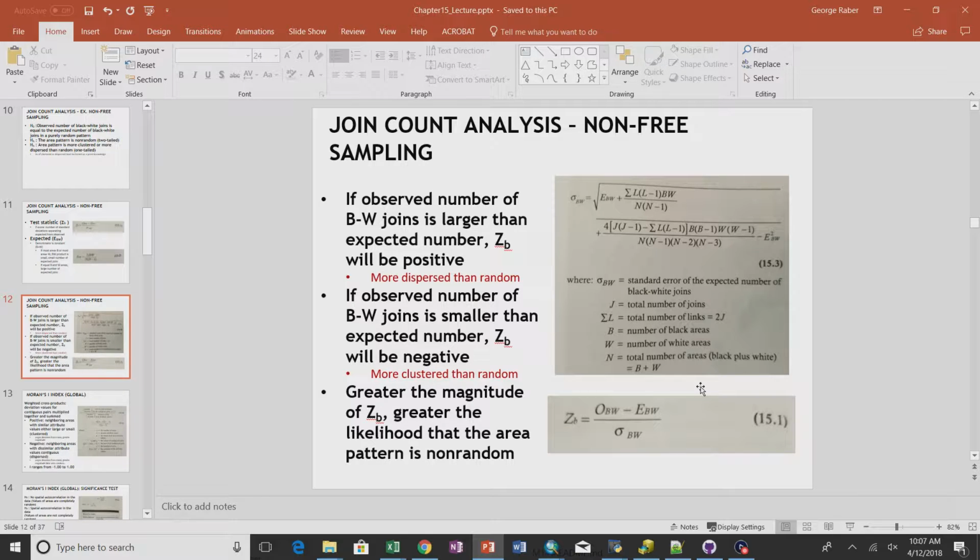So there's only one common boundary between Forest and Lamar, but there are two links. There's a link going one way and a link going the other way. Okay. So that's what L is. So L up here, the sum of L, L minus 1. So there's a bunch of links.